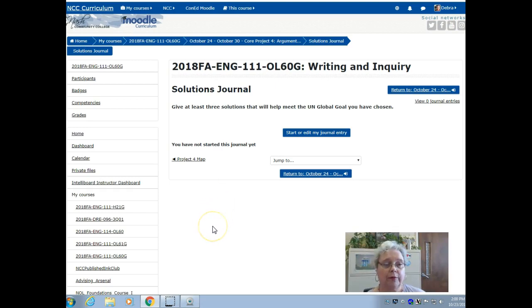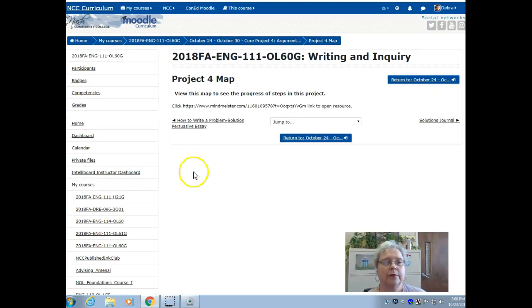Remember, you're going to end up with 5 sources overall, and maybe a couple more will be okay. But this is a 5+ page assignment. Okay, so that's what we're doing this week. Be sure to keep up with where you are, meet those goals, those deadlines as we go along.